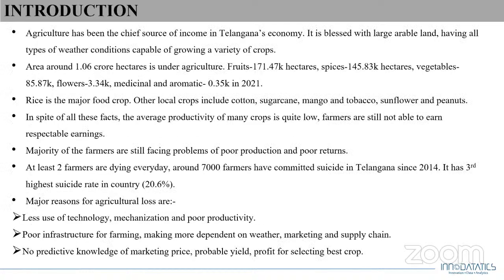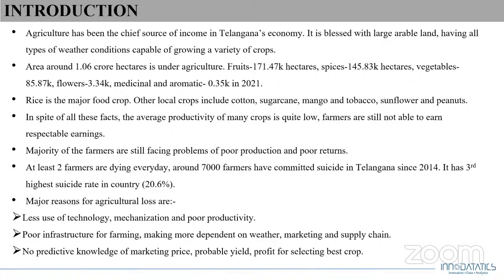To start with the introduction part, agriculture is a main occupation in India. Like we know, 2/3 of population is dependent on agriculture directly or indirectly. So when it comes to Telangana, agriculture plays a major role in economy income. It has a large landscape with different types of weather conditions, which helps growing a variety of crops.